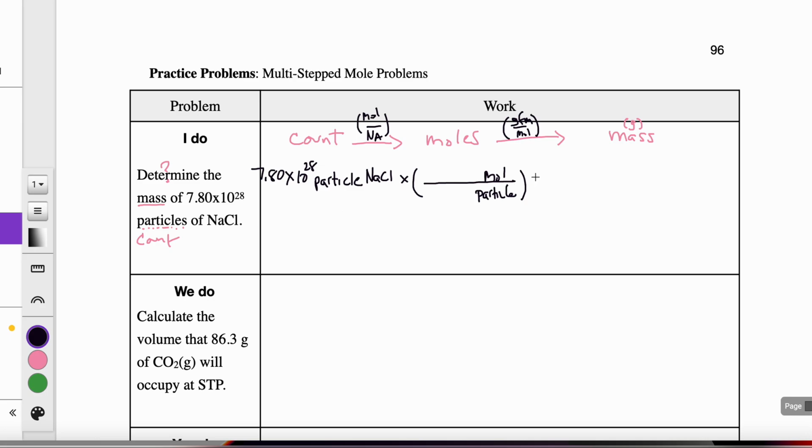And then I need my next relationship, where I'm now in mole and I want to get to grams, and I want to be able to eliminate moles from the calculation. So if you take a look here, I have particle times mole divided by particle. Particle upstairs and a particle downstairs means that particles is mathematically eliminated from the equation.